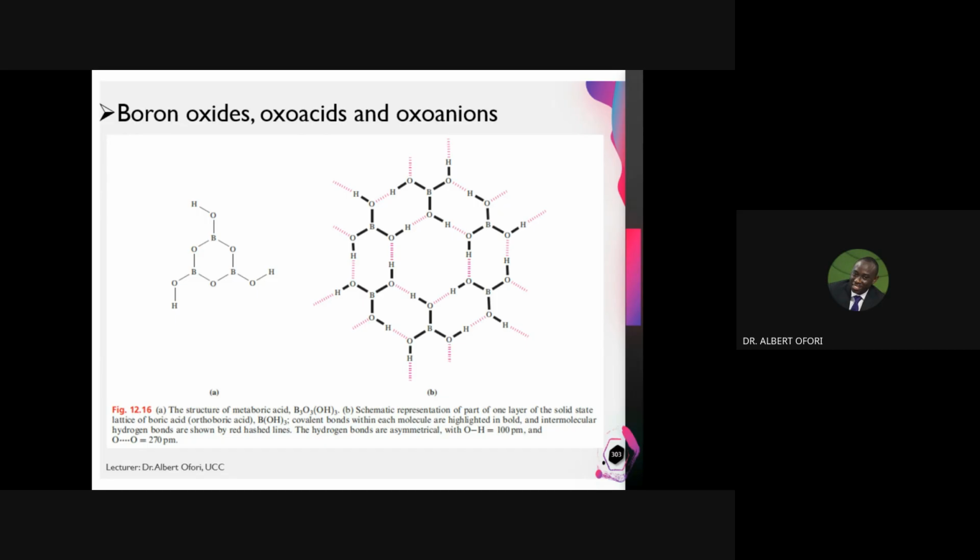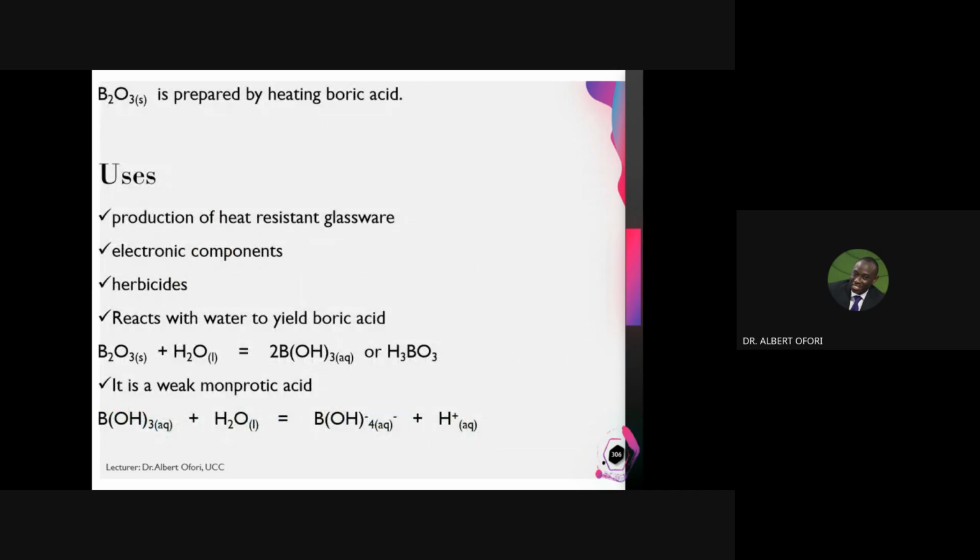Well, let me try to see the uses of boron. I've mentioned that boron helps in treating these cramps and those things. We use boron in the form of borax for water treatment. That clears, for example, a swimming pool or an aquarium, making it quite clear. We also use boron in some detergents.